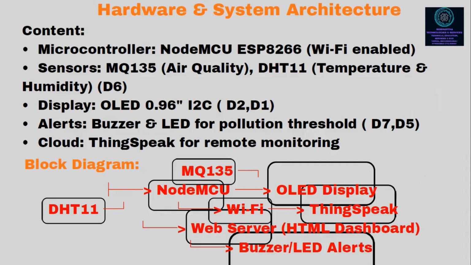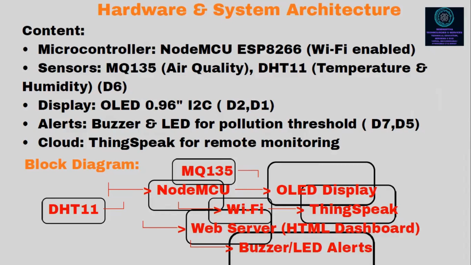There is a NodeMCU, and surrounding the NodeMCU, the DHT11 is connected, the MQ135 is connected, then through Wi-Fi, of course, the OLED is also connected. It goes to ThingSpeak. Okay, so the web server, that is the HTML dashboard, is also through Wi-Fi. You can check it on your computer or your mobile phone.